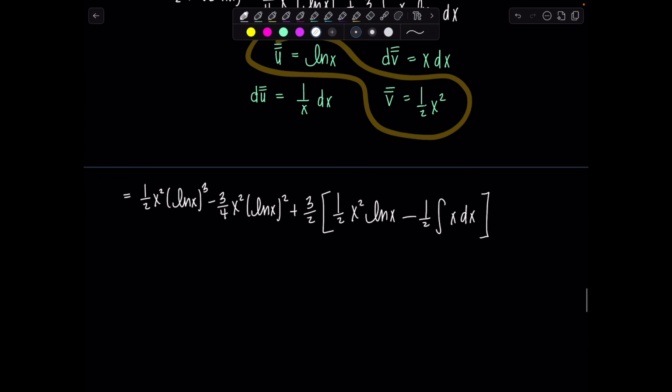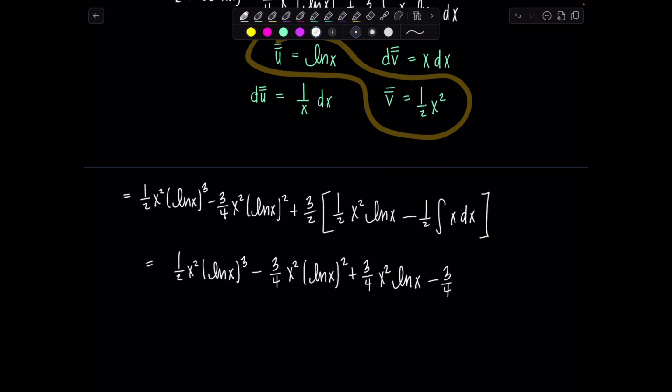Perfect. Okay, I think we can bring it on home. 1/2 x squared ln of x cubed minus 3/4 x squared ln of x squared plus 3/4 x squared ln of x minus 3/4 integral x dx.